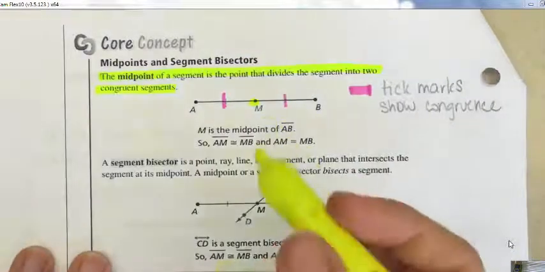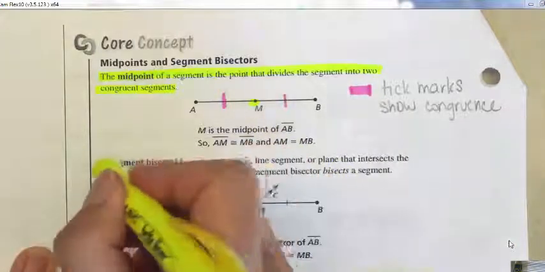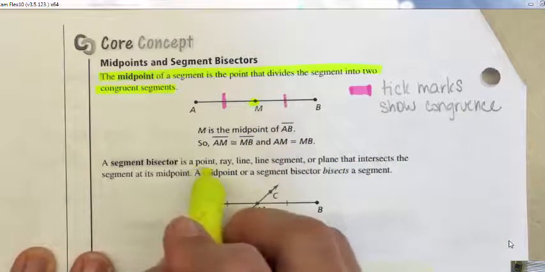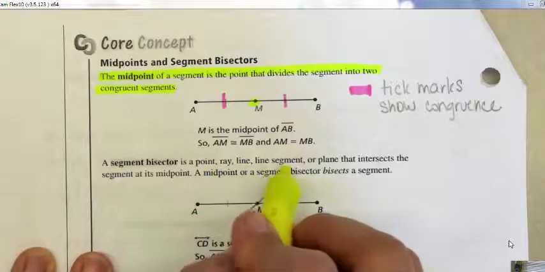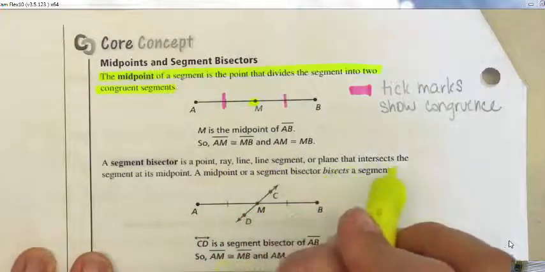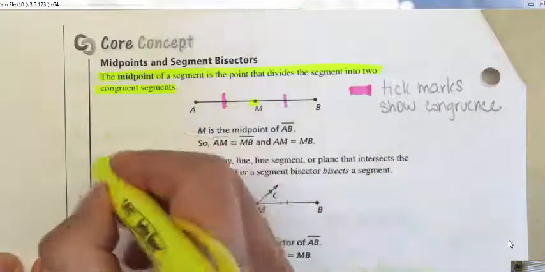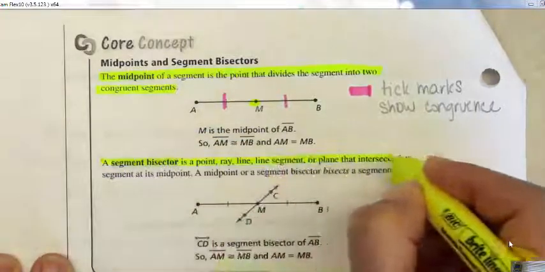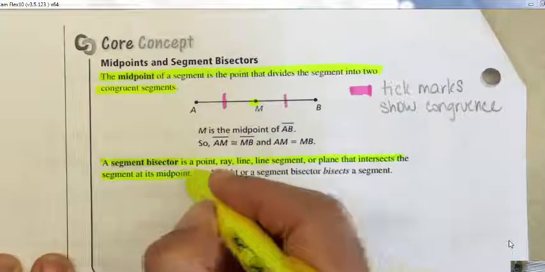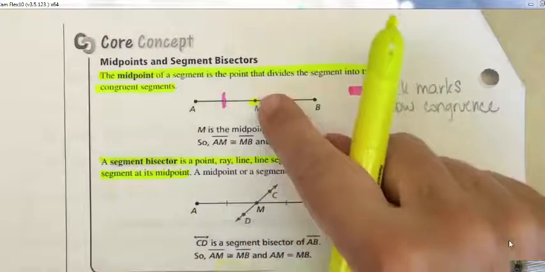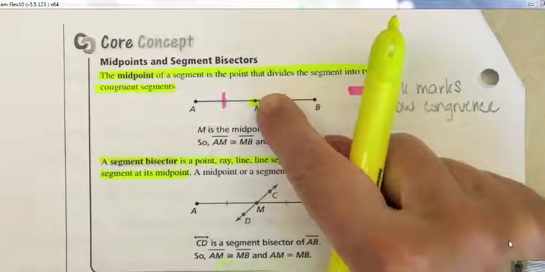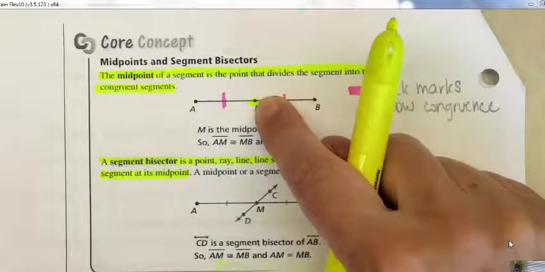Next, we're going to talk about a segment bisector. A segment bisector is a point, a ray, a line segment, or a plane that intersects the segment at its midpoint. So it's any of these things. Like point M is also a segment bisector. It is in the middle and it is bisecting it.